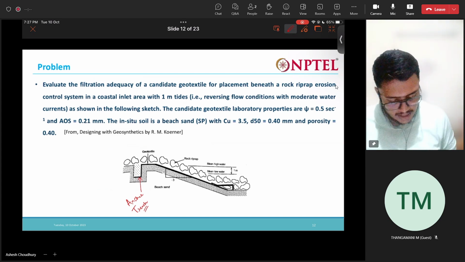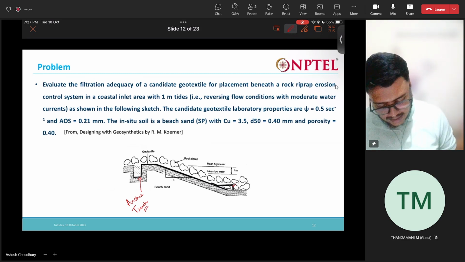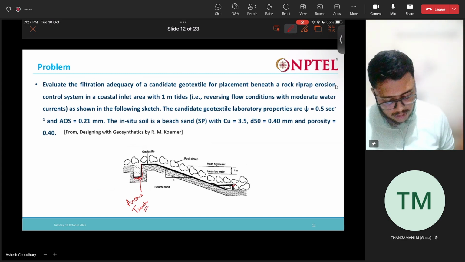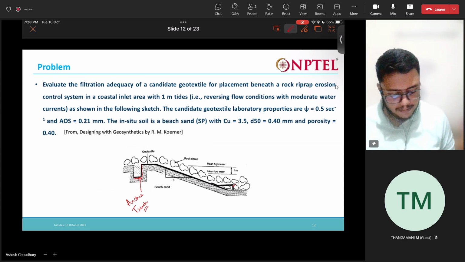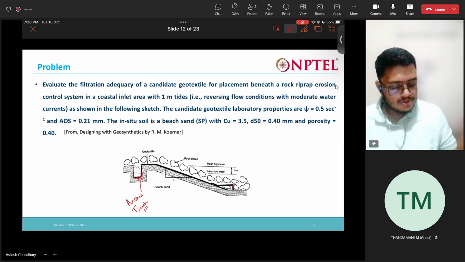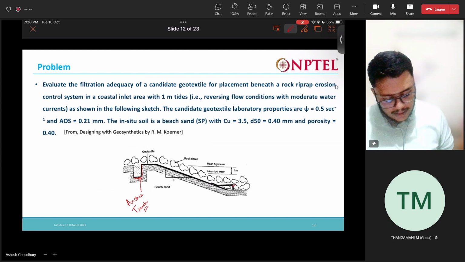So here we have this system. This bold black is the geotextile, anchored here in this anchor trench. Over this geotextile we have this riprap, which will dissipate the force coming from the water to some extent. Also, the slope at which this geotextile is placed is given as 3:1.